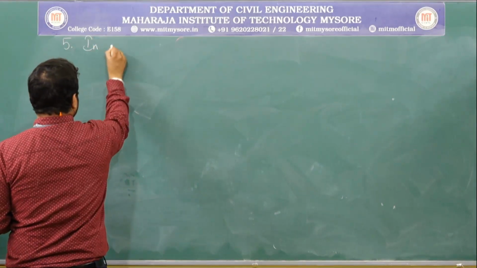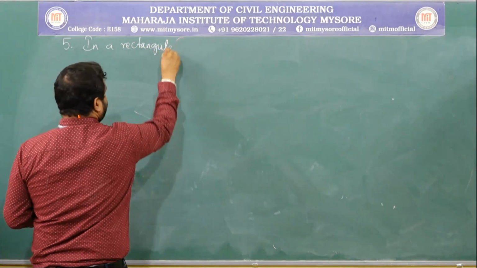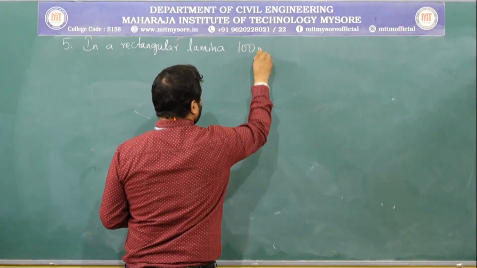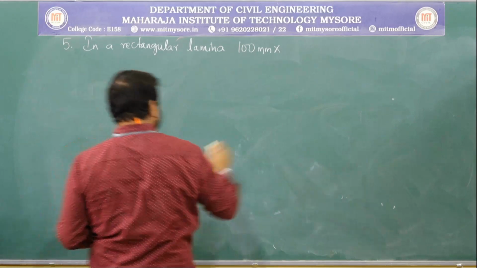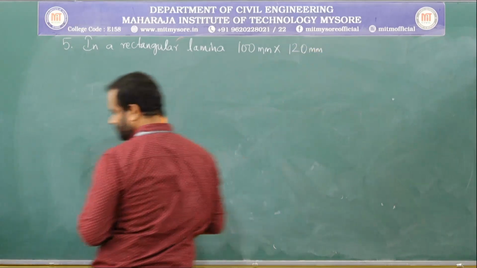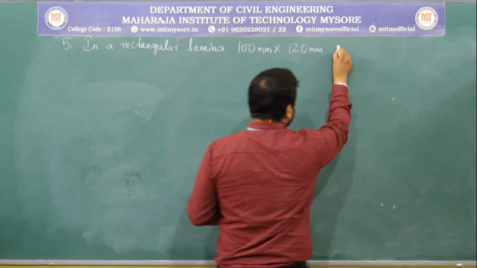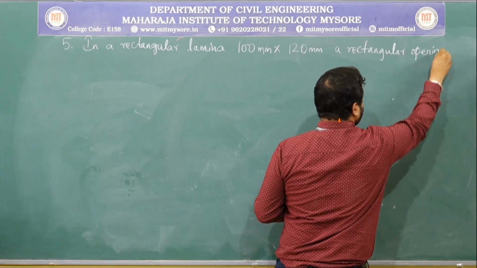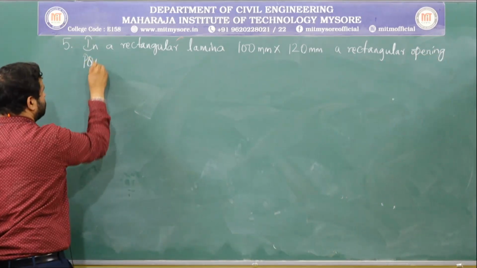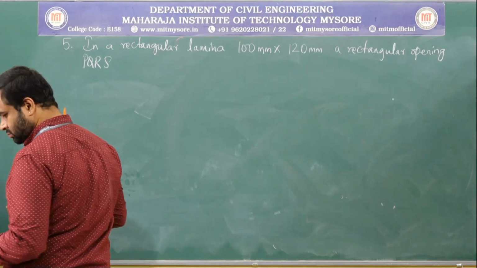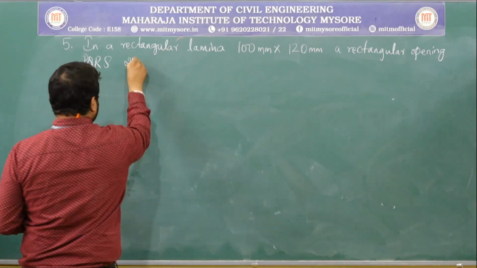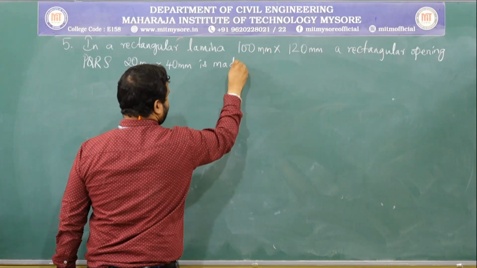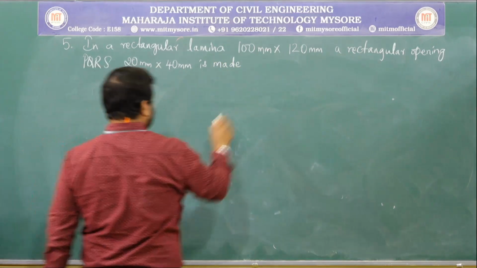In a rectangular lamina 100 mm by 120 mm, a rectangular opening PQRS (20 mm by 40 mm) is made as shown in figure.